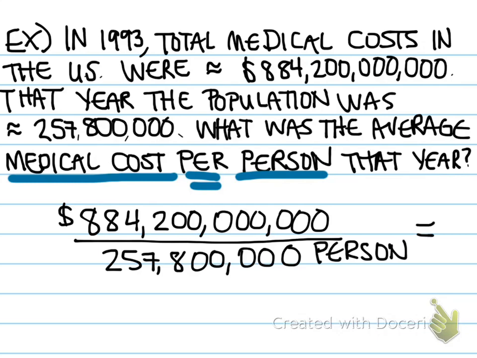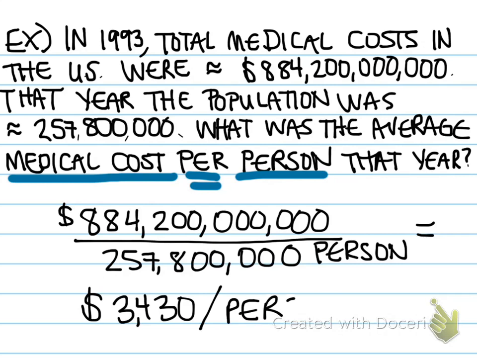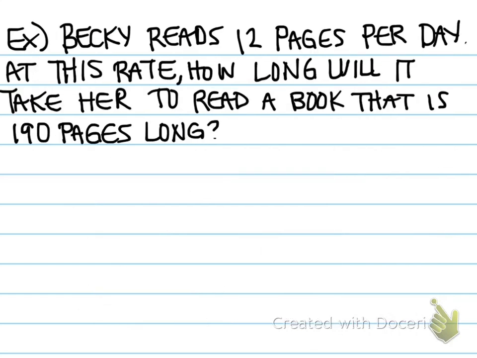So go ahead, take some time, divide this out on your calculator. Hopefully you got an answer of $3,430 per person. So the last two examples were very straightforward. We're just looking for a rate.